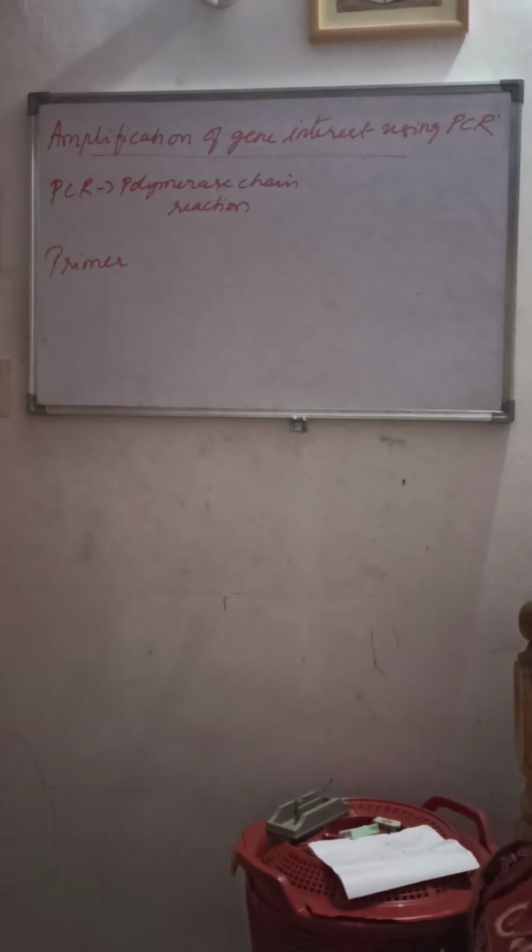So what are primers in genetic engineering? These are small chemically synthesized oligonucleotides that are complementary to a region of the DNA. This might also be asked in your exams.